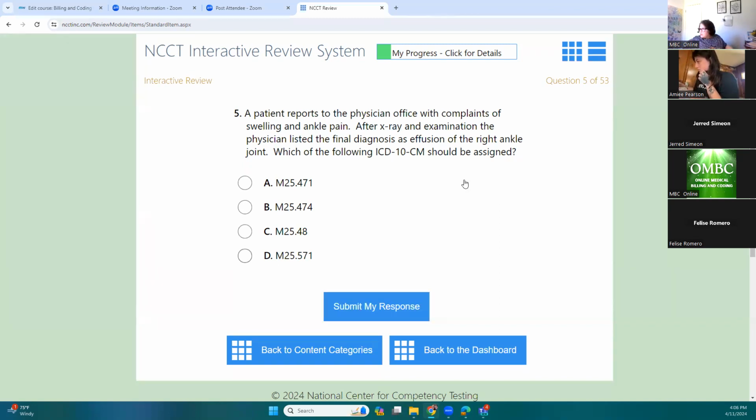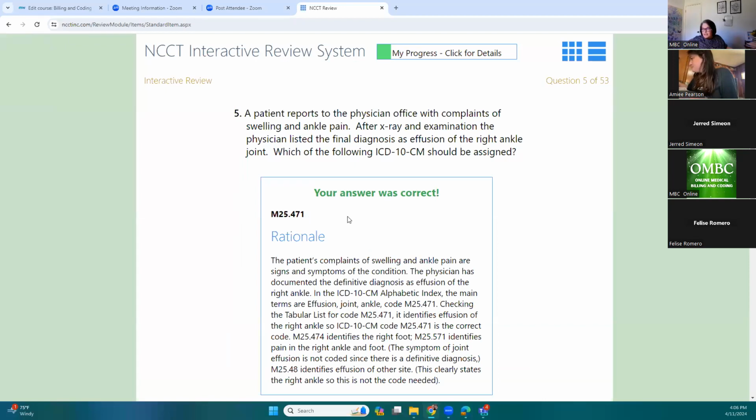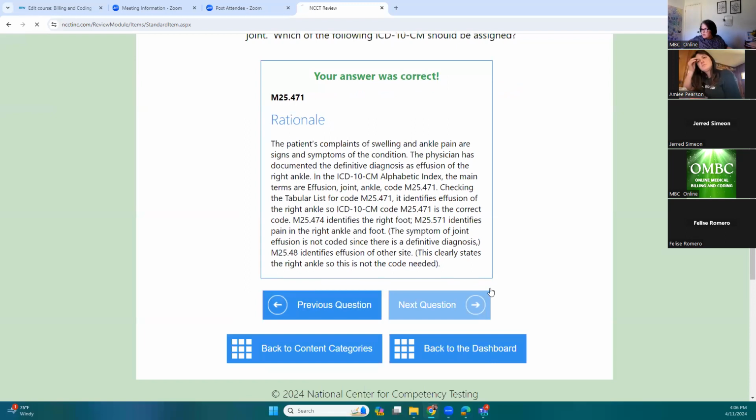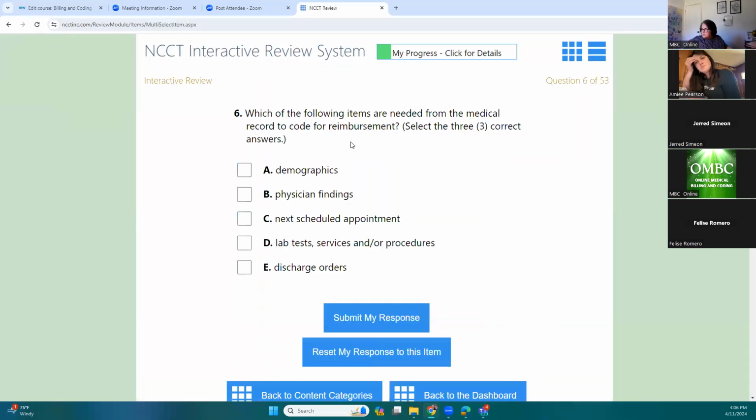Because you're missing the word effusion. The final diagnosis said it was an effusion. But Amy, that is a good catch, but that effusion is what's going to be your indicator. So it is M25.471.